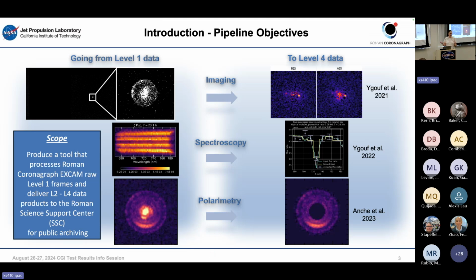And I will describe a little bit what those different levels are in a slide. We want to do that for all CGI modes: the imaging mode with HLC or TTR5 mode, and also spectroscopy and polarimetry mode, and also the imaging mode with SPC.